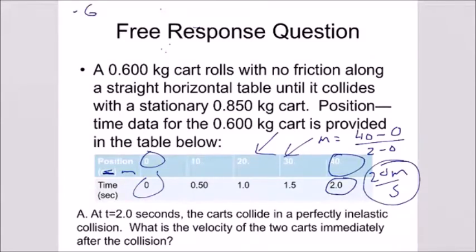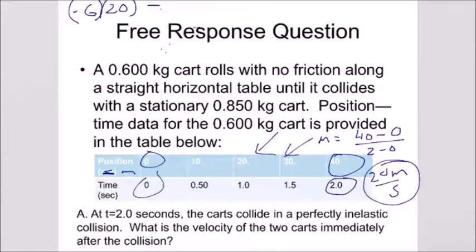And again, I'm going to leave out the units just to make it clearer here. Times the velocity of cart 1, 20. Remember that cart 2, the 0.85 kilogram, is stationary, so it has no momentum to begin with. So our initial momentum is just 0.6 times 20.